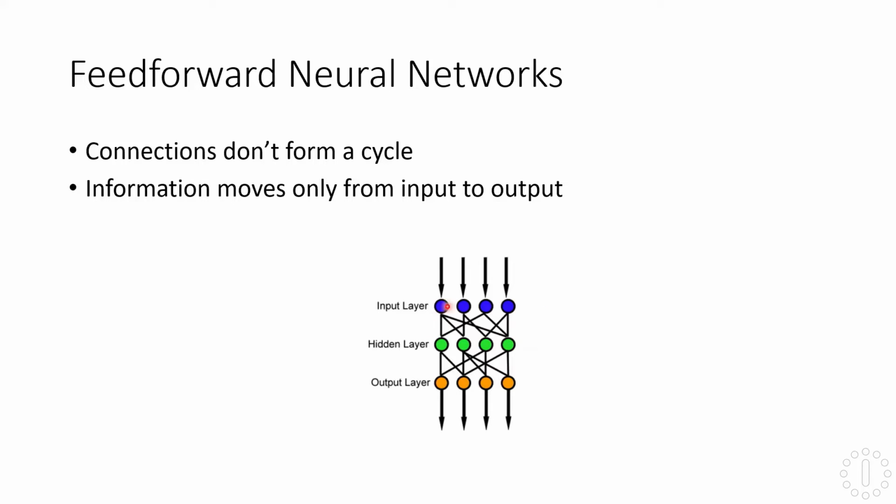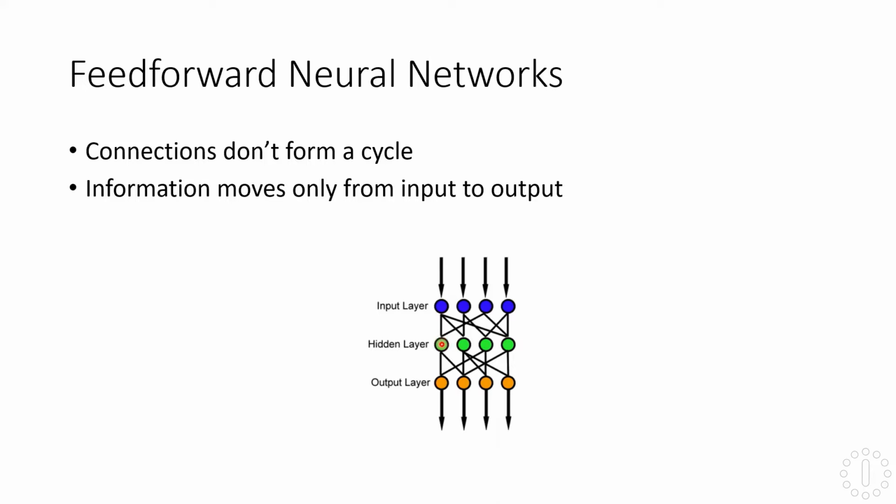So the input layer can only be connected to some hidden layer or to the output layer. Again, each hidden layer can only be connected to the hidden layers that come after it or the output layer. So we don't have any connections between nodes in the same layer, and we also don't have any backward connections.